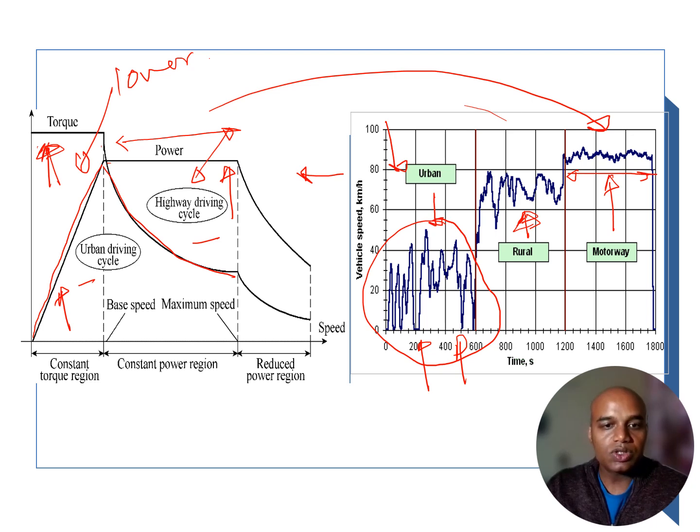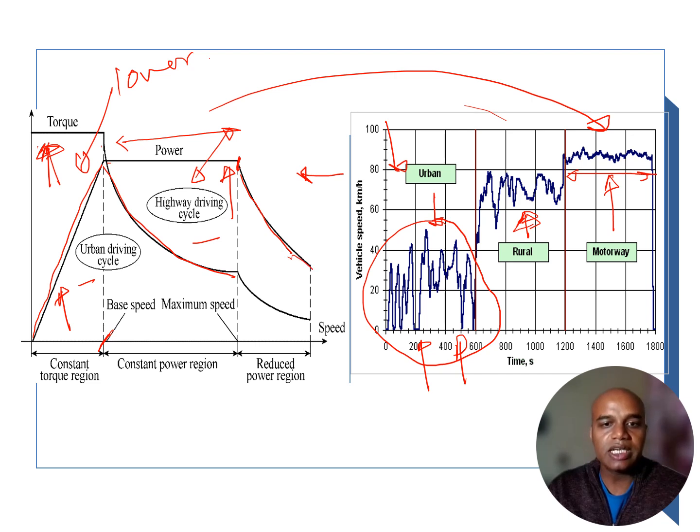This shows the base speed and this is the maximum speed where I am going, to give the optimized fuel efficiency. If I go beyond that, the power requirement goes down, and of course the torque requirement also goes down.